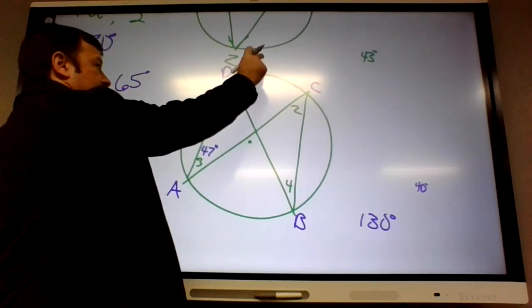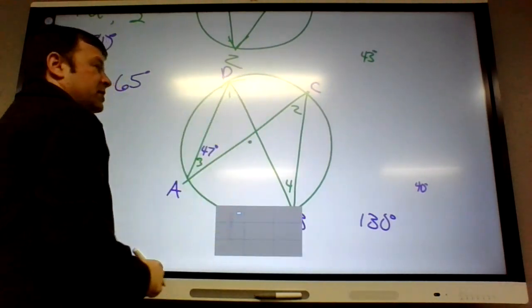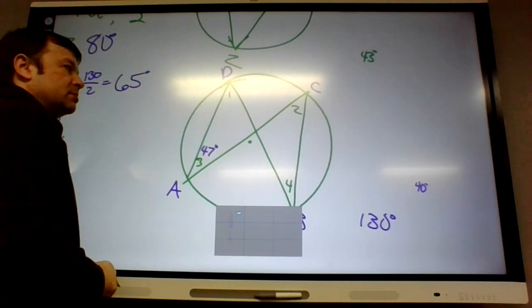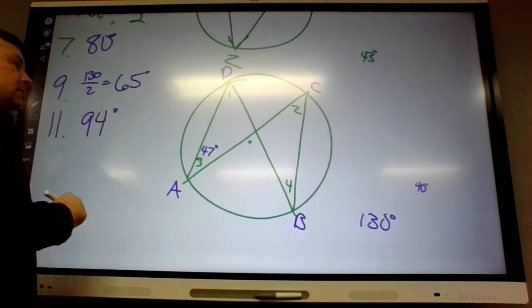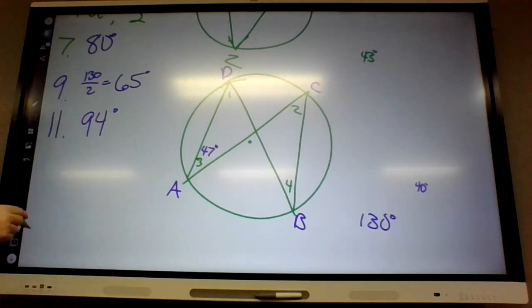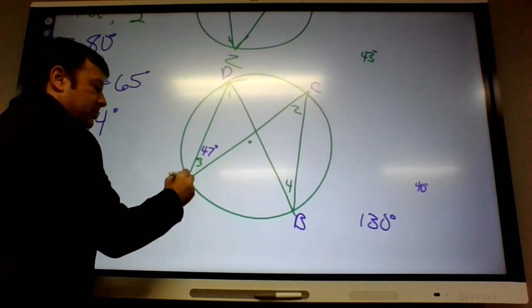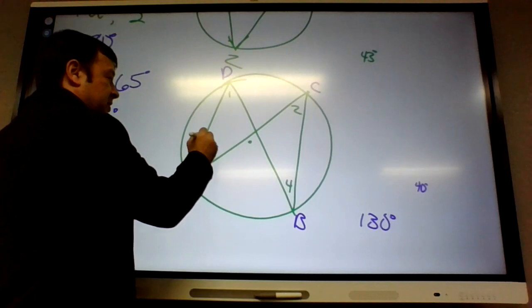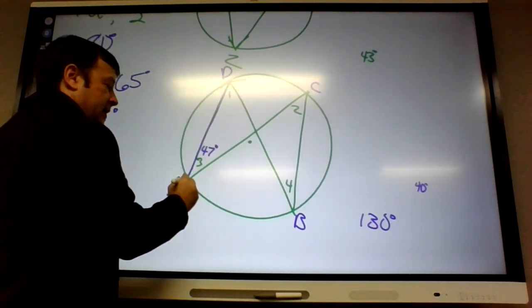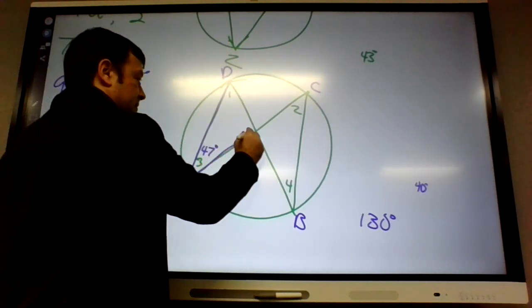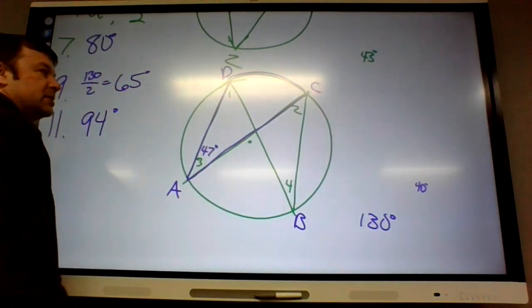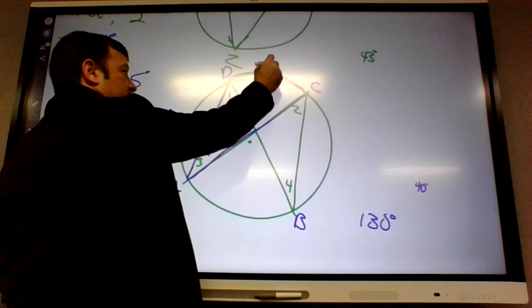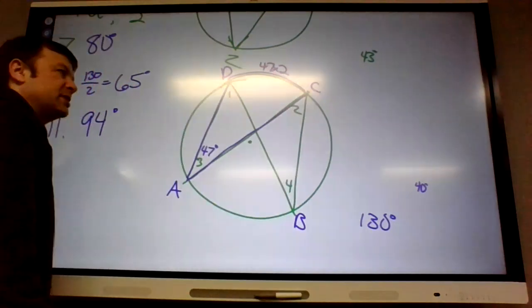So if this is 47, this is 47 times 2. 94. Are you guys getting the visuals? I think sometimes people have trouble seeing it. Like, angle 47 is right here, and it's hitting this arc. So this arc is 47 times 2, twice the inscribed angle.